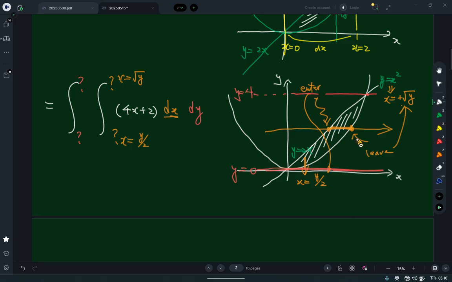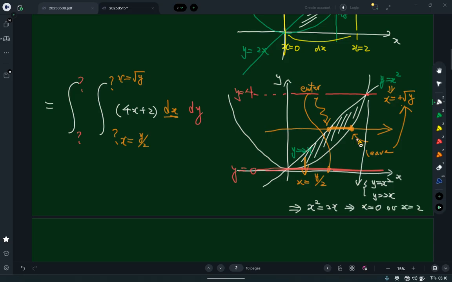You can see here, we need to simultaneously have y is equal to x squared and also y is equal to 2x. So you can have x squared is equal to 2x, then x is equal to 0 or x is equal to 2, right?